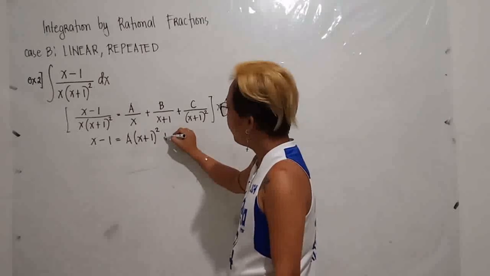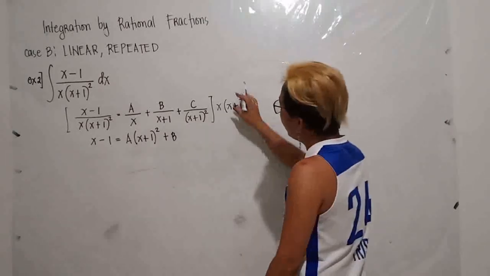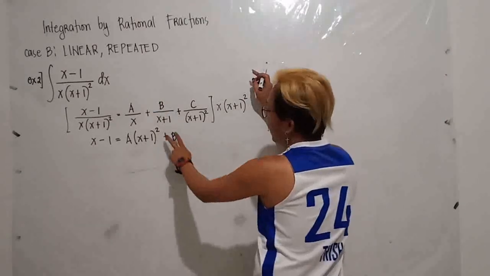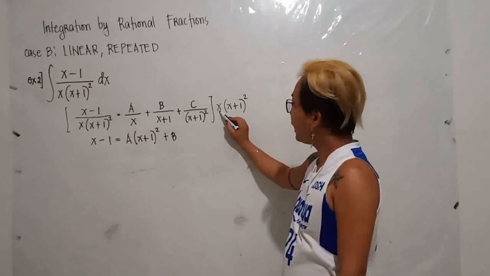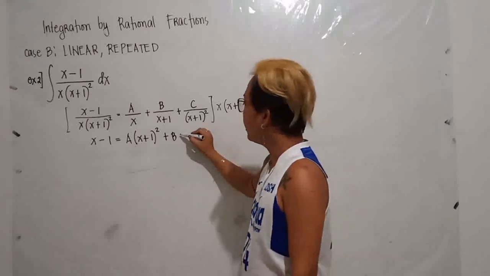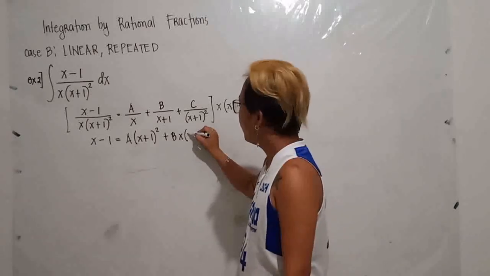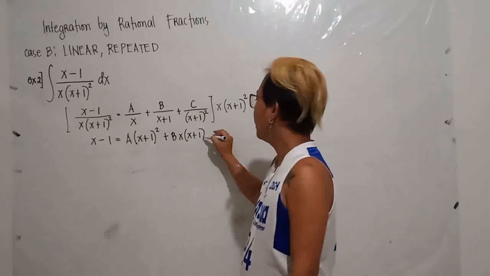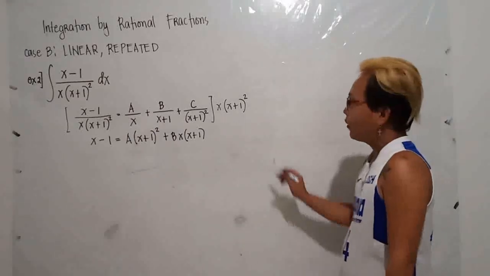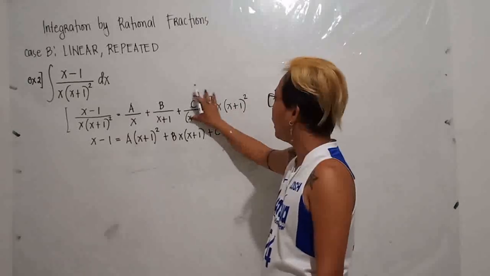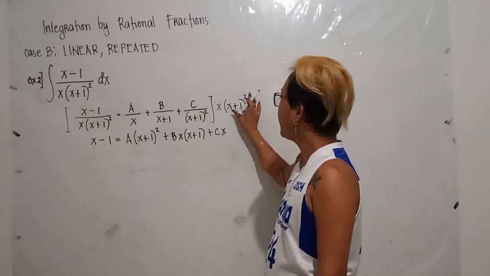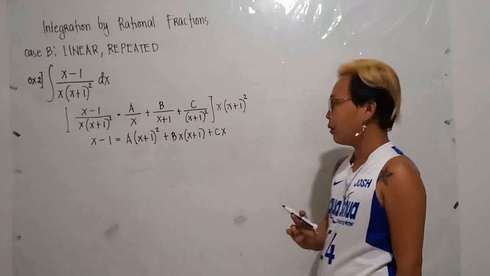Pagdating kay B, pag minultiply ito dito, maka-cancel yung isang x plus 1. So, ang matitira is x, then yung isang x plus 1. So, that is x multiplied to x plus 1. Then, pagdating kay C, you will now have C multiplied to x kasi maka-cancel si x plus 1 squared.